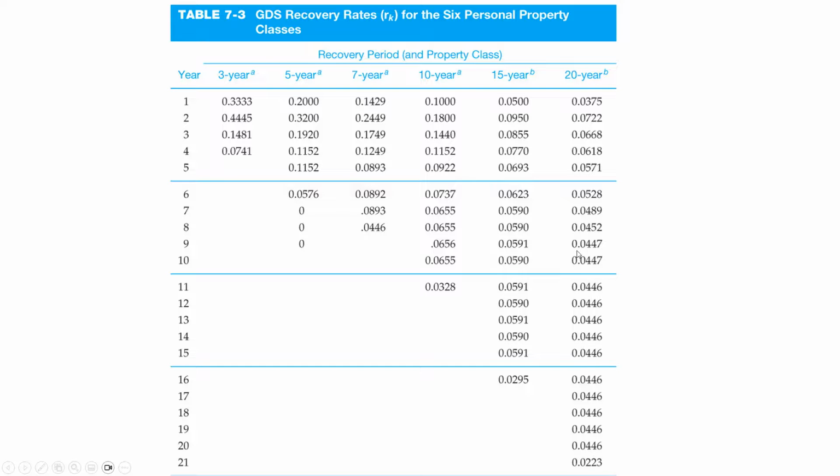This is when it becomes 0.0447, where it's transitioned into the straight line depreciation. It occurs as a straight line depreciation amount until the final year where you're getting that half portion of depreciation. So it's 20 years spread out over 21 periods because of the half-year convention.